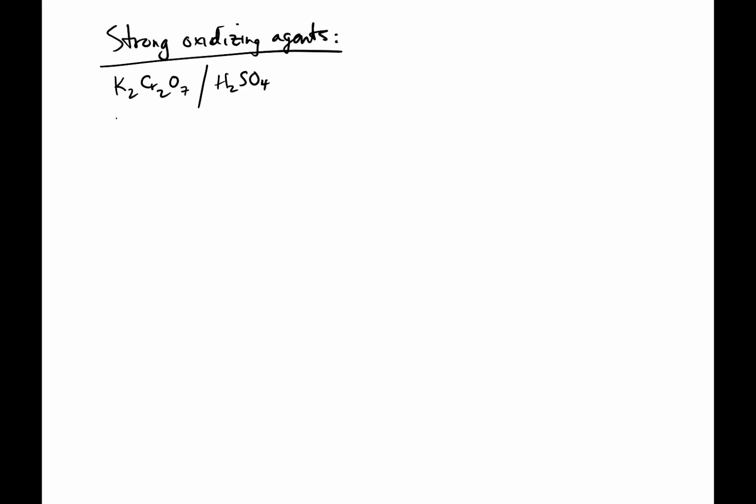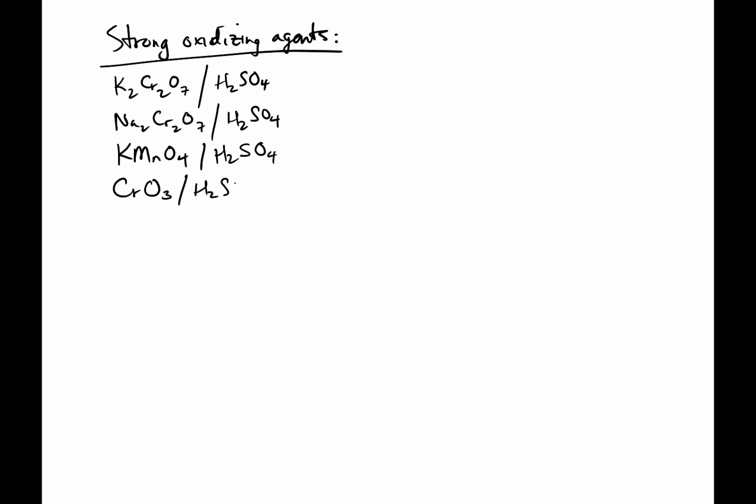Okay. Sodium dichromate, very similar compound. Sulfuric acid. Let's see. Potassium permanganate's another one. I'm sure he'll have that one probably. So this is potassium permanganate, also with sulfuric acid typically. CrO3 plus sulfuric acid. This is sometimes called Jones reagent.